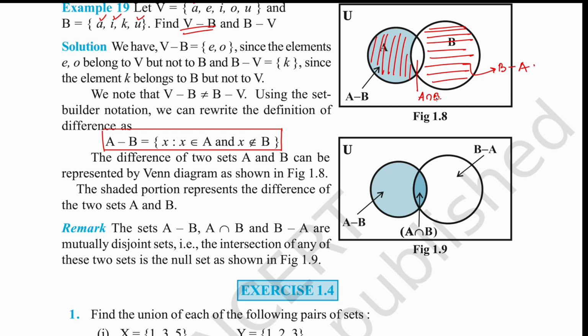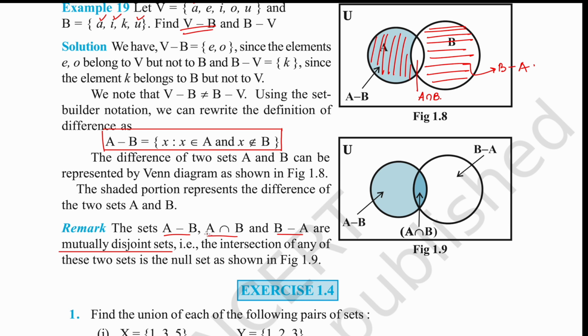Similarly, between A intersection B and B minus A, there is nothing common. And similarly, between A minus B and B minus A, there is nothing common. So we can say that A minus B, A intersection B, and B minus A are mutually disjoint sets, right?